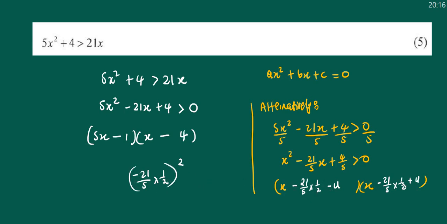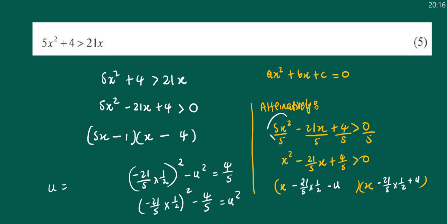Then minus u times positive u is minus u squared, which is equal to 4 over 5. Then you get an answer to this in just a minute. So the squared term minus 4 over 5 is equal to your u squared, to get your u. It's quite a long method, isn't it? But it's because it has a coefficient.